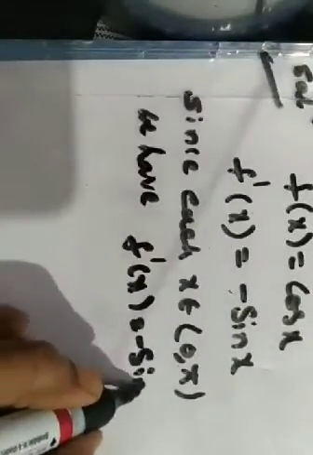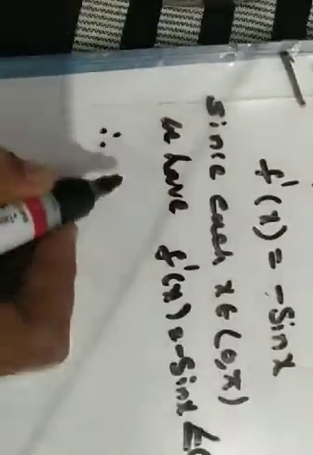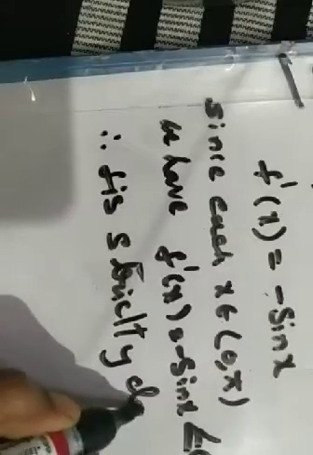We have f dash of x is equal to minus sin x, which is less than 0. Therefore f is strictly decreasing.